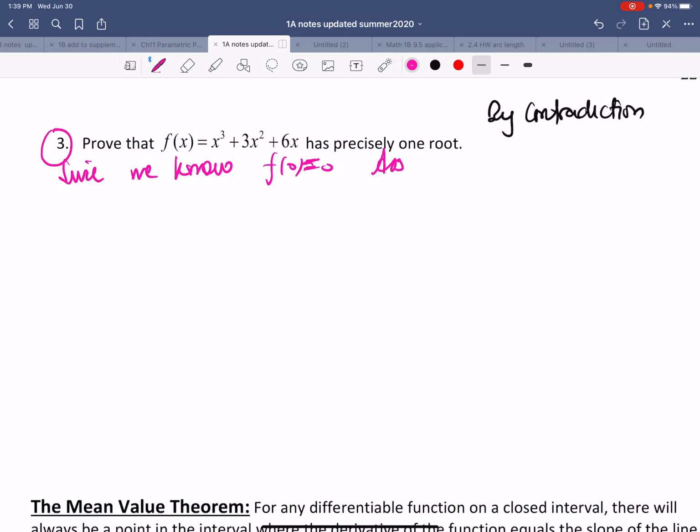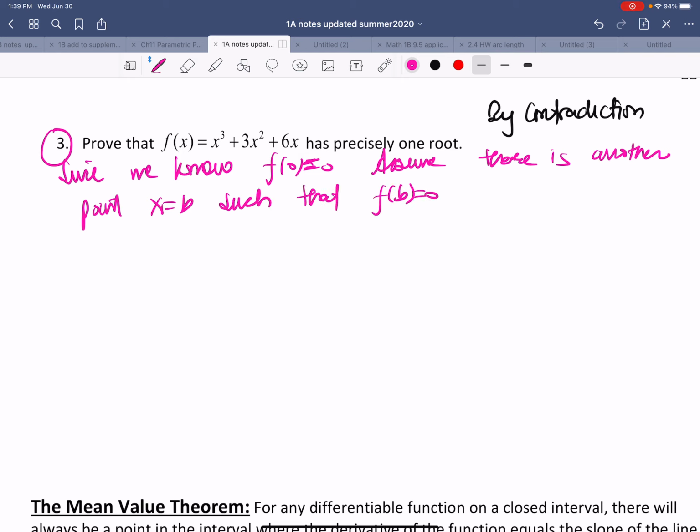Assume there is another x value, another point x equals b, such that f of b is equal to 0, because Rolle's theorem says that f of a and f of b have to be equal, and we already know f of x is smooth, continuous, and differentiable on the entire negative infinity to positive infinity, because it's a polynomial.